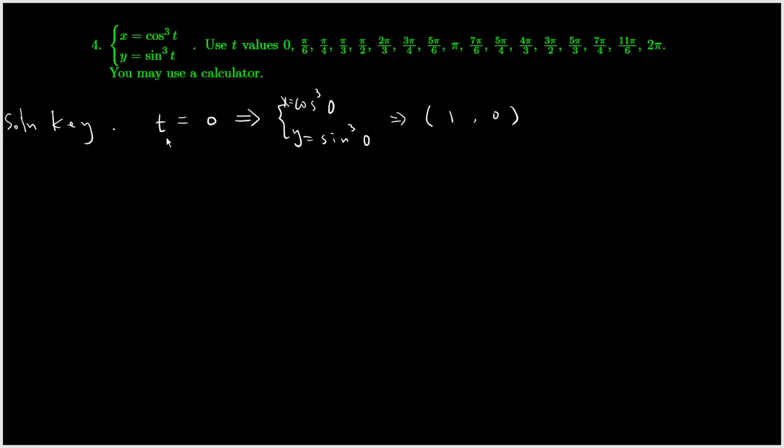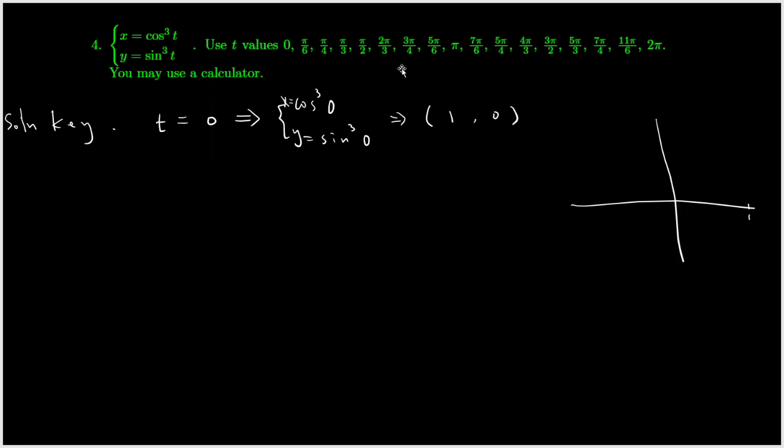Again, I'm trying to say t value of 0 determines a point with x coordinate of 1 and y coordinate of 0, and that point is on the graph.